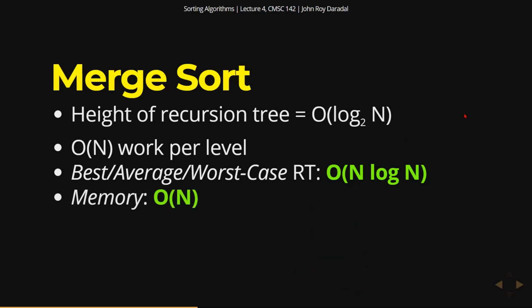And then for memory, it will use O of n, because this time we are using extra memory to store the merged version of the array.